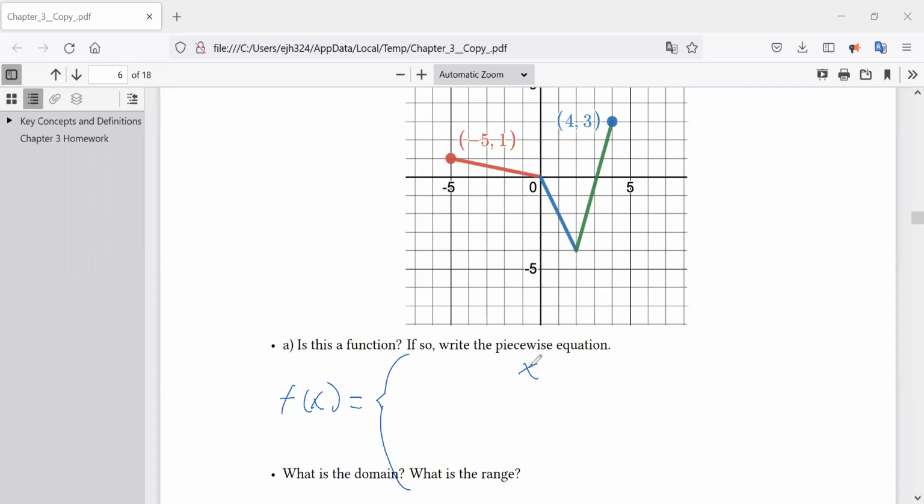Okay, so x is less than or equal to 0, and x is greater than or equal to -5. Yeah, exactly. Oh, then I guess y will equal 1. Is that right?